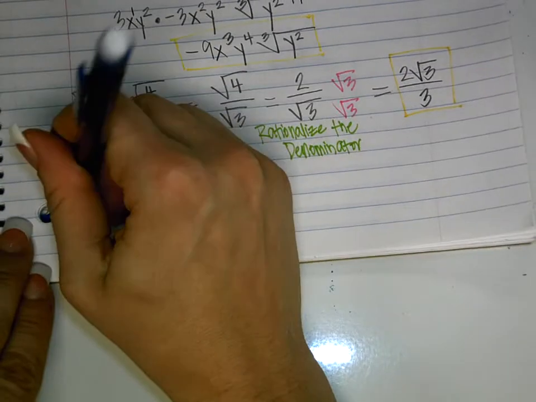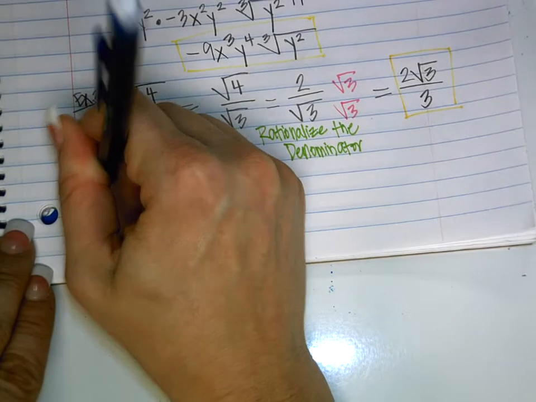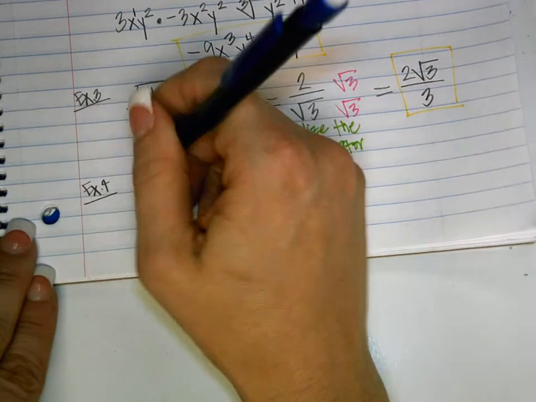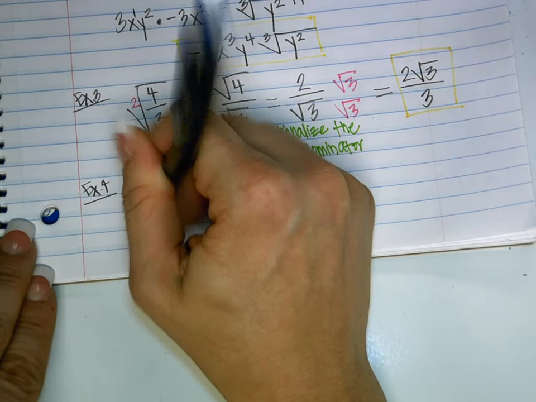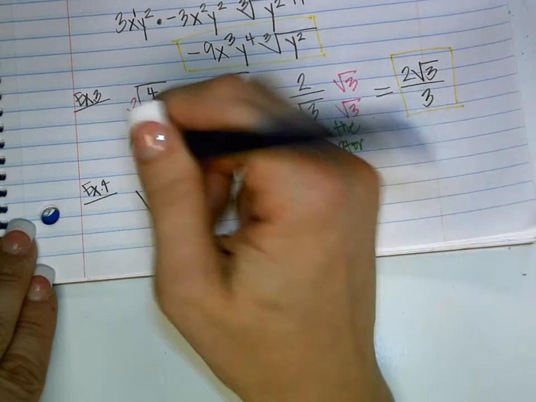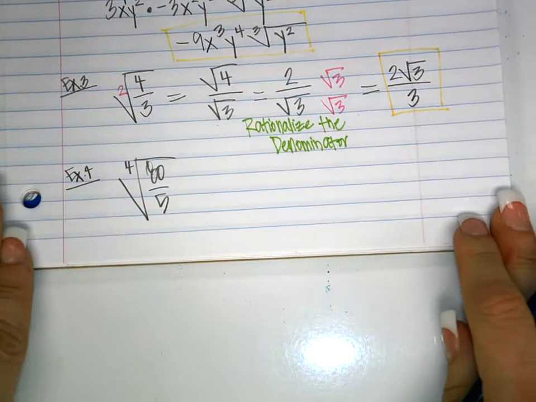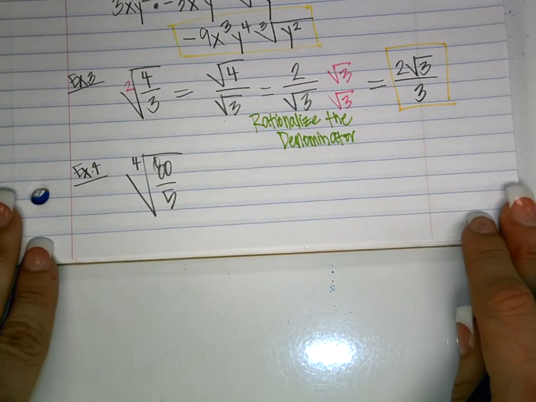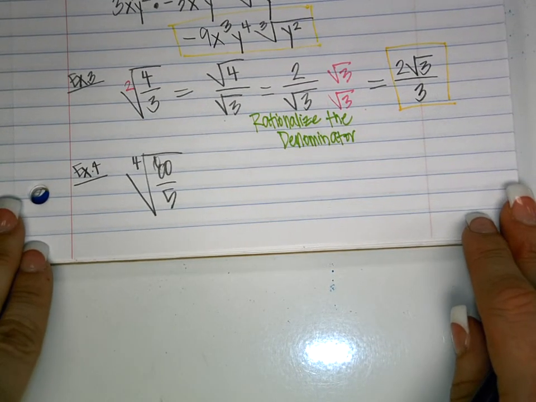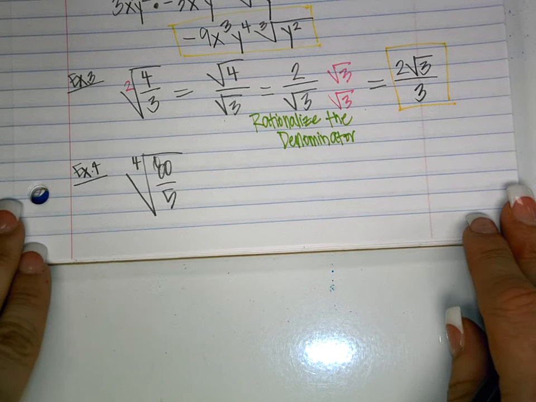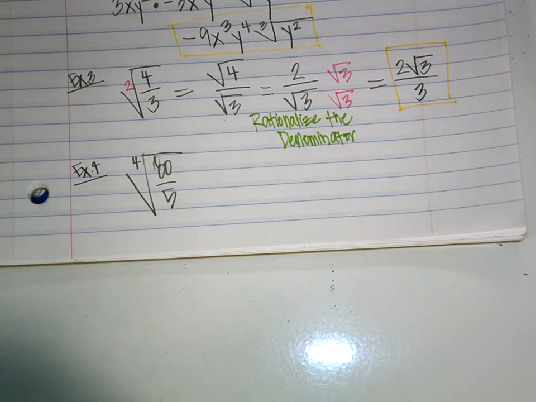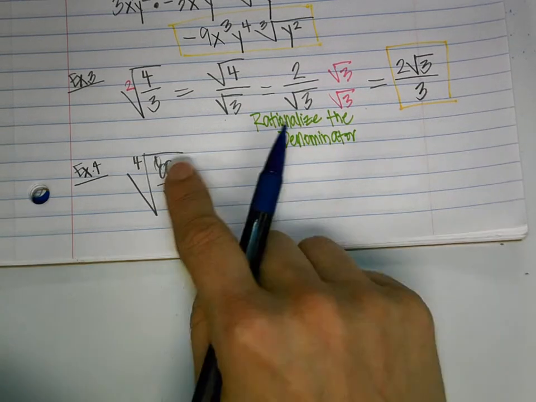Okay, try another one for number 4. Example 4, I would like you to simplify the 4th root of 80 over 5. Any ideas? Where do you think I'm going to start here? I do not want to break down the fractions first. Any ideas? Divide. Reduce. Can 80 over 5 reduce?